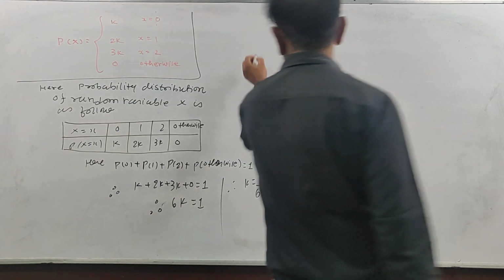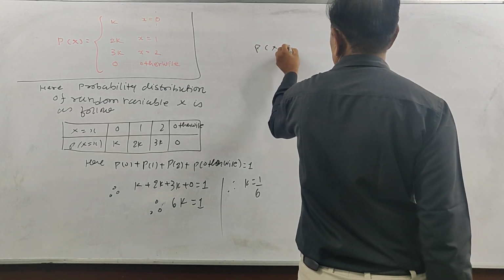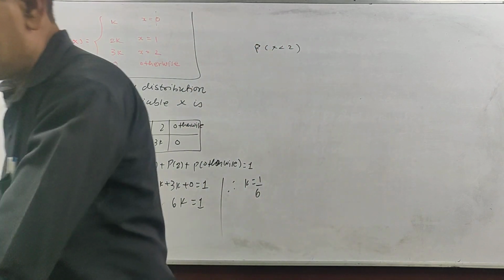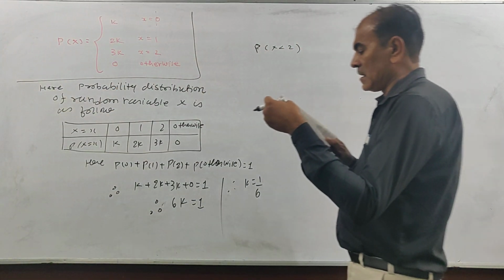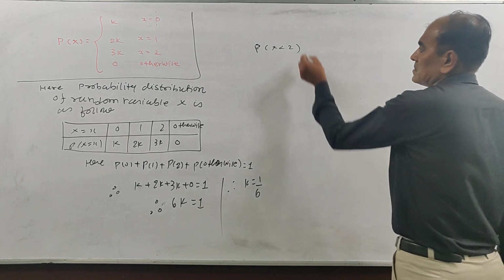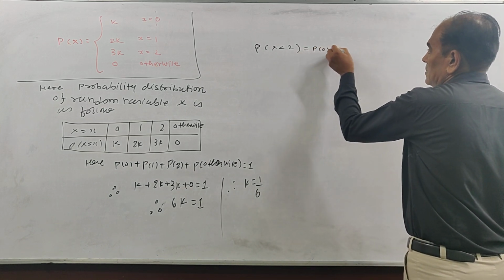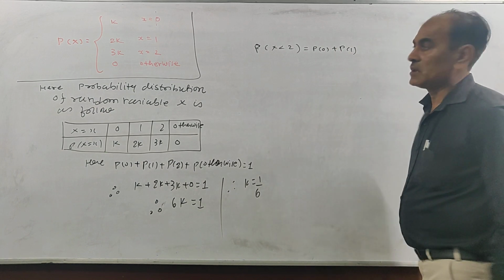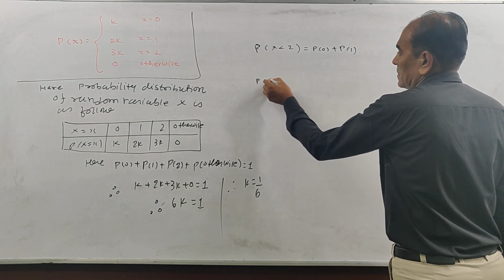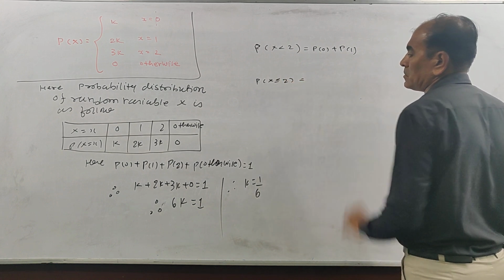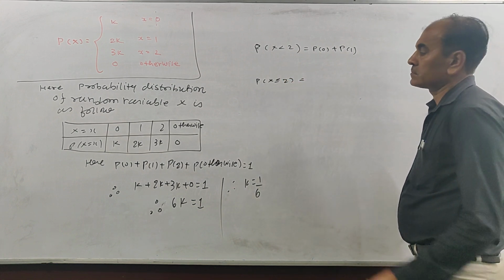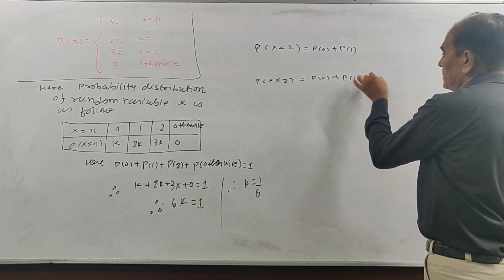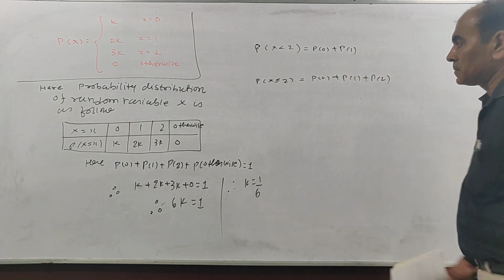Next they want P of x less than 2. Means what? What they want? P of x less than 2. Means P of 0 plus P of 1. I hope now you are able to do the rest of the things. P of x less than or equal to 2 means what? Yes? P of 0 plus P of 1 plus P of 2.